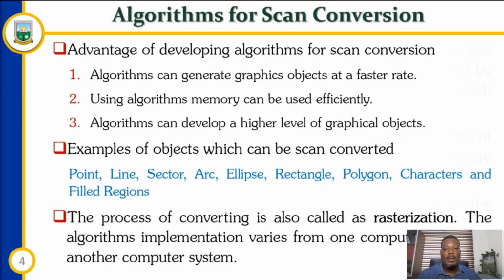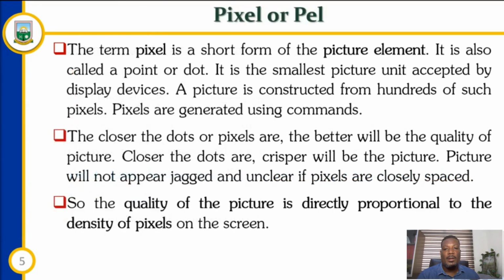Now, when we say pixel, we've already talked about it in previous lectures. The term pixel is a short form for picture element. It's also called a point or a dot. Basically, it's the smallest picture unit accepted by most of the display units that we have, and we've already talked about display devices. An example might be the monitor.